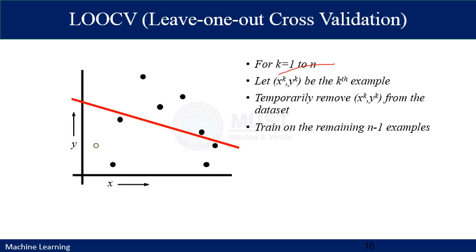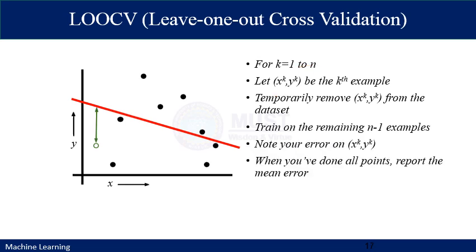1 to n. So let's take one example at a time. For example, x of k and y of k be the kth example. That means we have any one example picked from 1 to n, and we temporarily remove this example from the data set and then train the model onto the remaining examples.